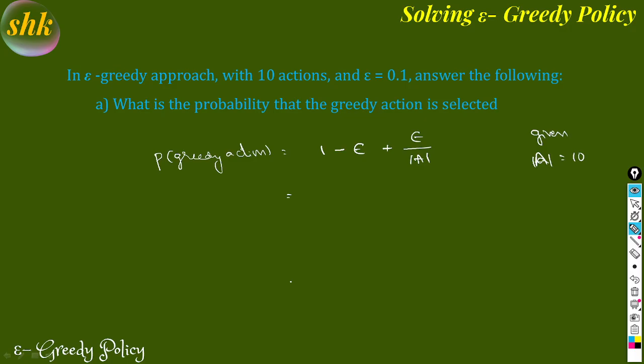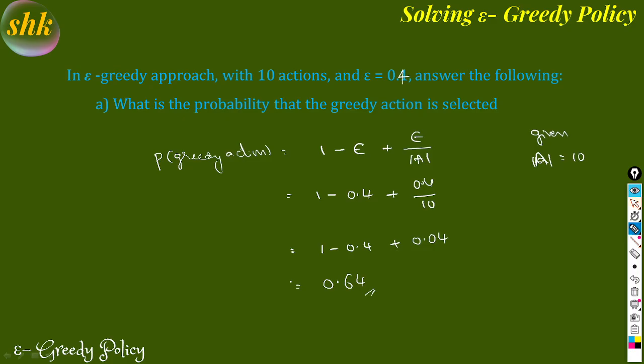Substituting the values, we get 1 minus 0.4 plus 0.4 divided by 10, which is 1 minus 0.4 plus 0.04, resulting in 0.64. So this is the probability of the greedy action.